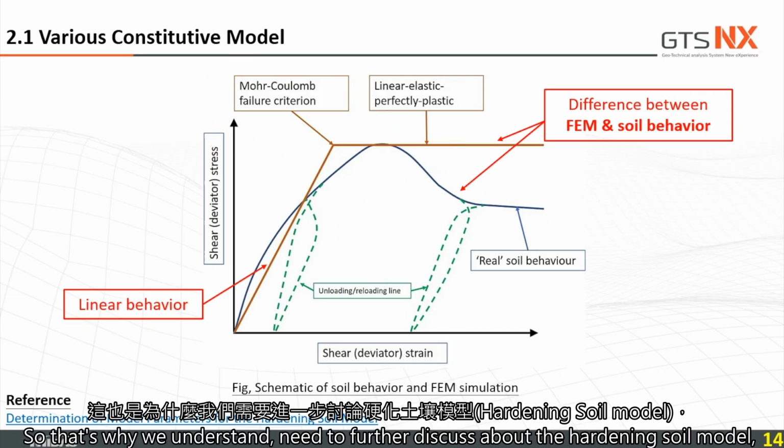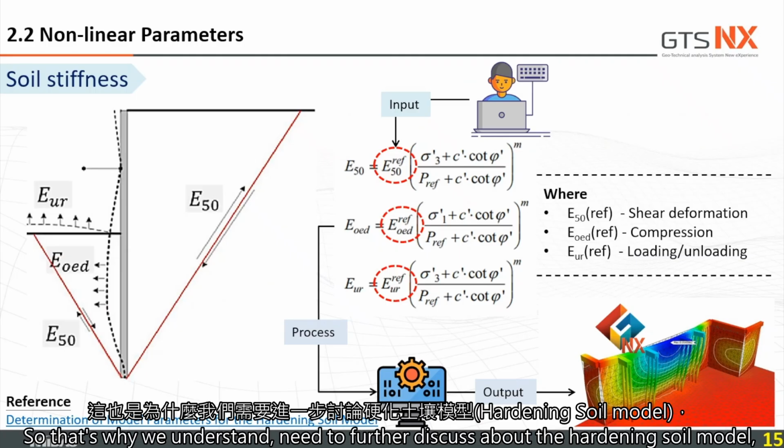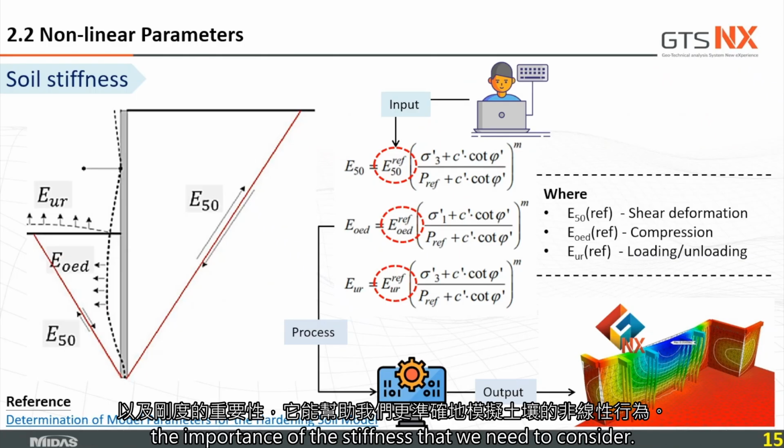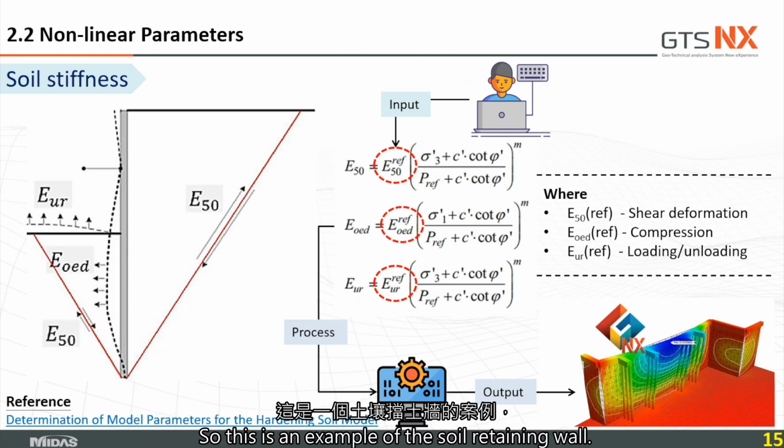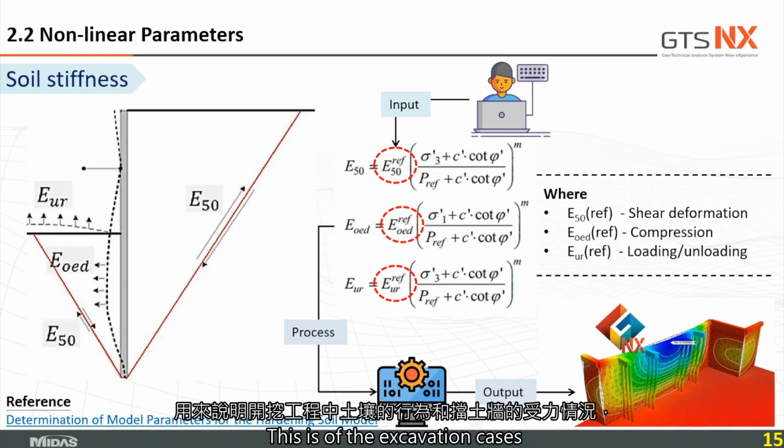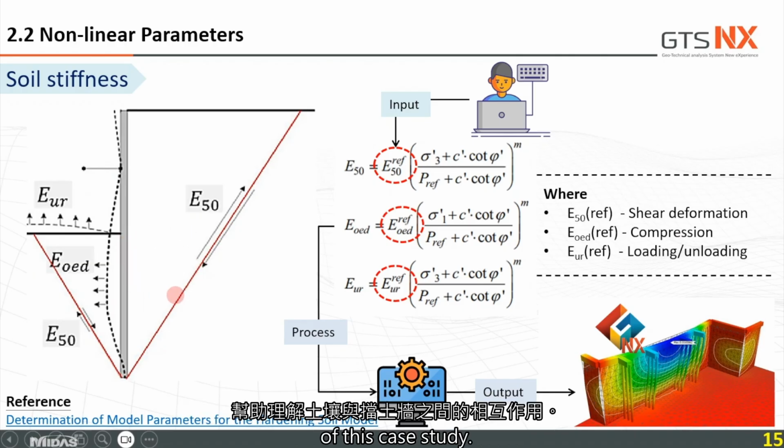So that's why we need to further discuss the hardening soil model, and the importance of the stiffness that we need to consider. This is an example of a soil retaining wall, an excavation case study. As you can see, here's the result.